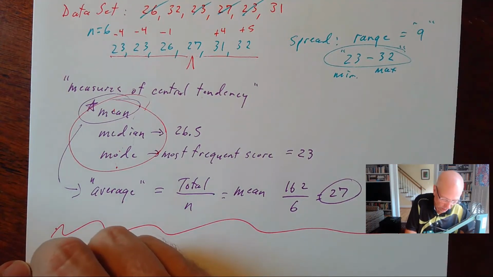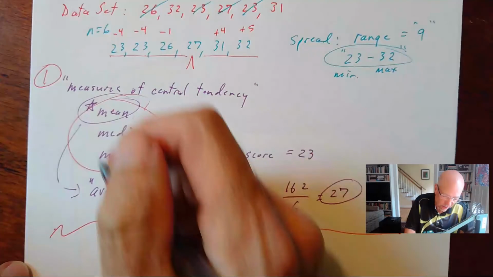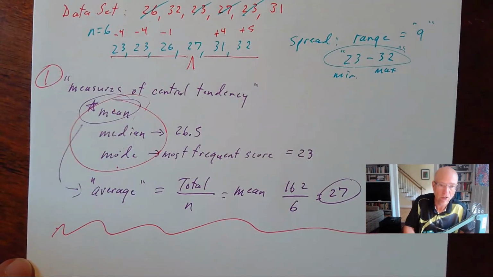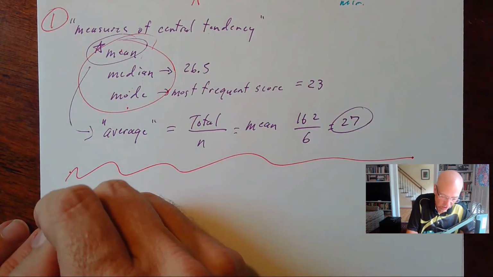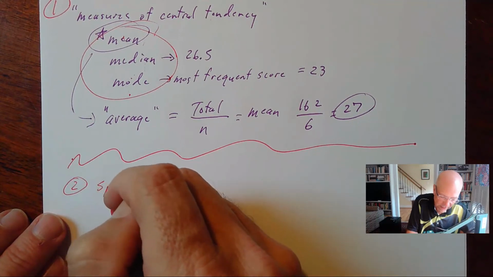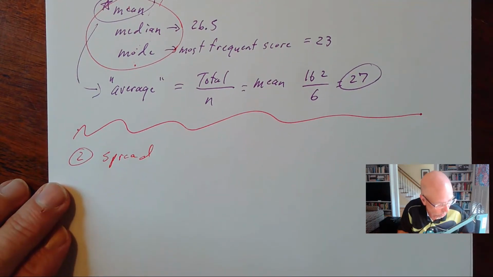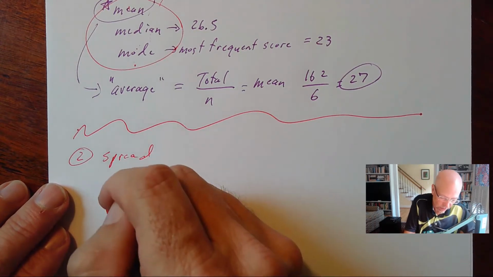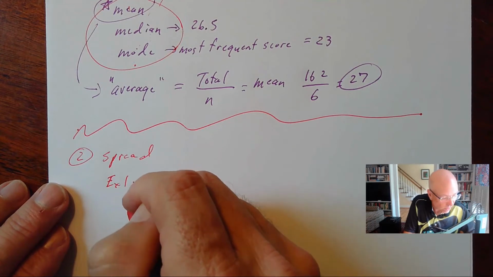But let's talk. So if I call these one category statistics, measures of central tendency, let's talk about this second category for a second, about spread. I want to give you an example to illustrate that you need to think about spread also. We're going to look at two data sets. Here's one data set.